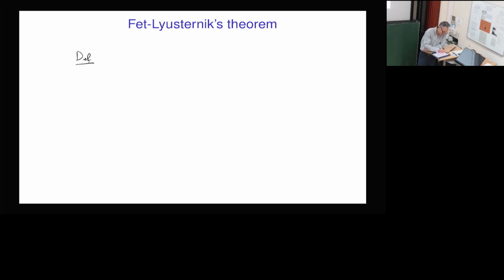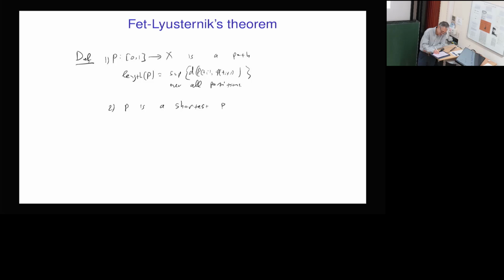So definition. 1, if P is a path, then the length of P is the sup of the sum of distances between P(t_i) and P(t_{i+1}), over all partitions, what I said before. And now 2, P is the shortest path. So I'm not calling it geodesic anymore, that's what I'm doing.